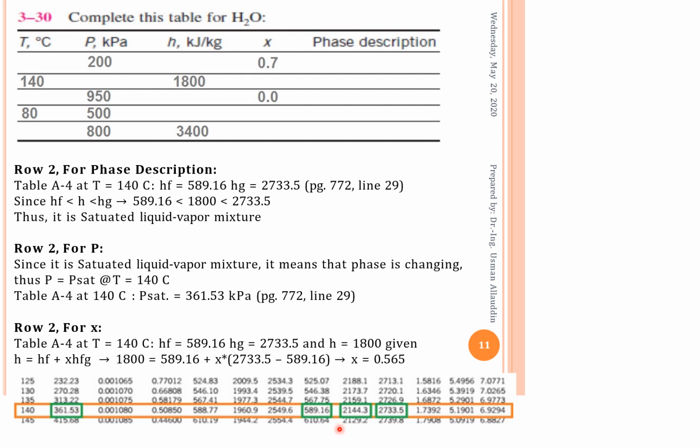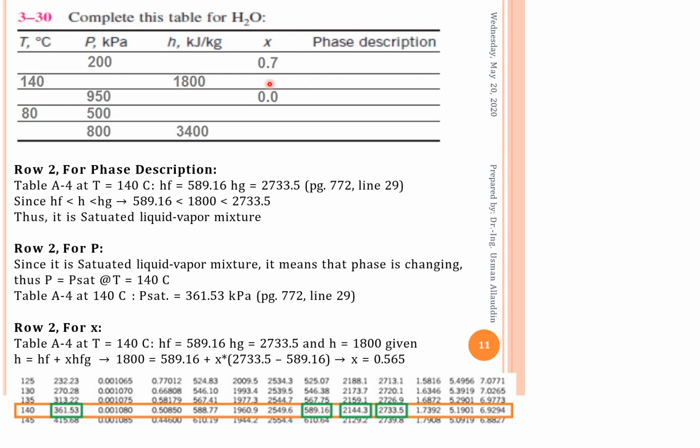So our value should be in between these values. 589 is our start, and our end is 2733. So our value is in between, so we can say that we are in a saturated mixture.